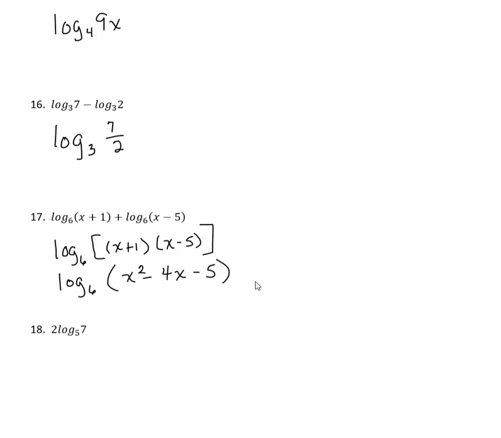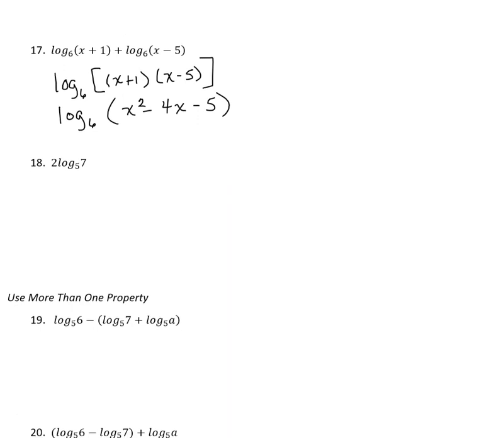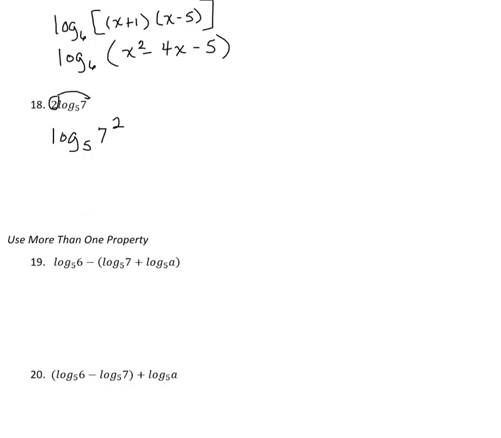And problem 18, I'm going to be using my power rule. I'm going to take this 2 that's up front, and I'm going to put that as the exponent of the 7. So I'm going to have log base 5 of 7 squared. Now the next problem here, I have to remember order of operations, that I need to do what's inside these parentheses first.